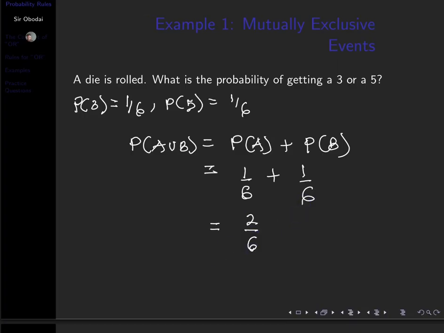We can simplify further, where 2 divides itself once and then into 6 thrice. Hence, we have 1 over 3. So the probability of getting a 3 or a 5 becomes 1 over 3.